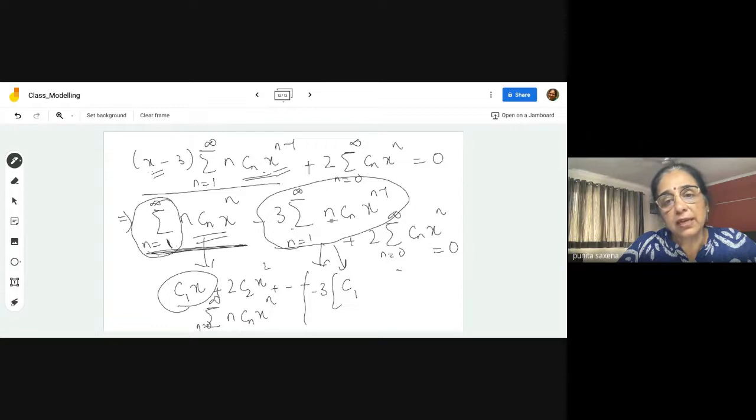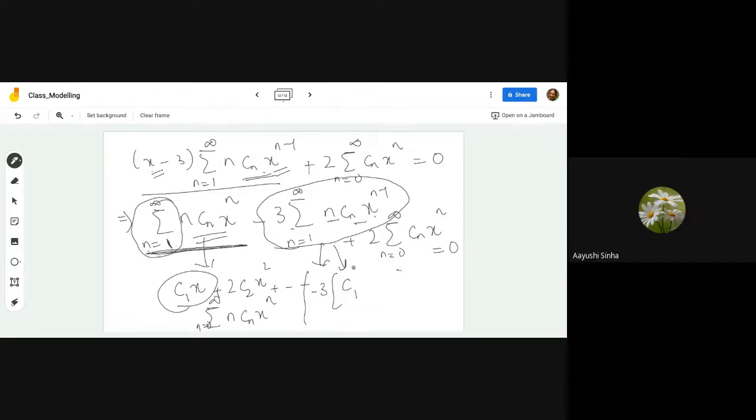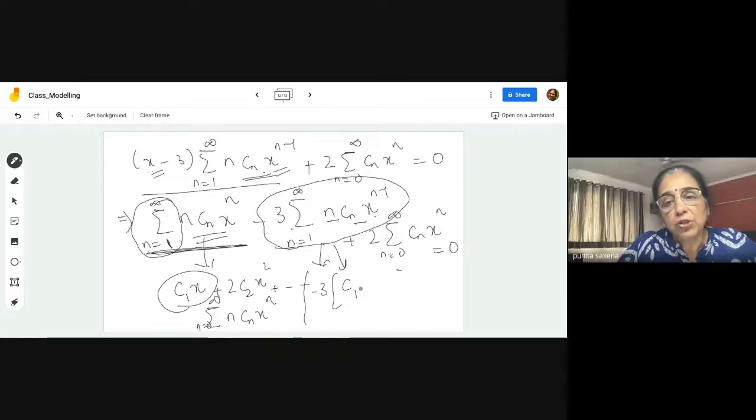When n is 1, it's C1, x to the power 1 minus 1, which makes it 1. So your first term should be C1. What should be the second term? When n is 2, it should be 2 C2 x, right? What should be the third term? 3 C3 x squared, and so on and so forth. Right? This is when you start your summation from 1.